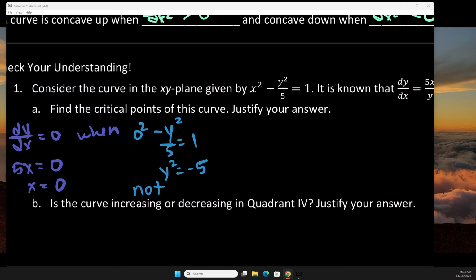And if we're talking about real numbers, which we are only talking about real numbers, that's not possible. So what do you guys think that means about x equals 0? It's not a critical number. So there's no point on that graph when x is 0. So we just did a little extra work that isn't useful, but that's okay. All right, the other situation is whenever that derivative is undefined.